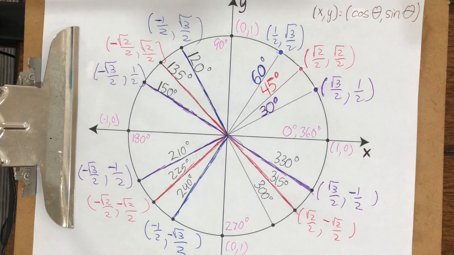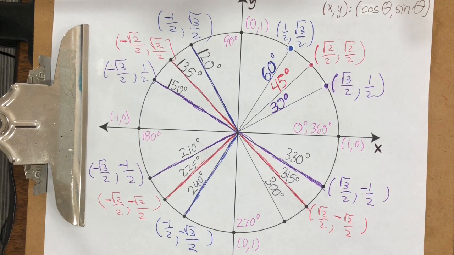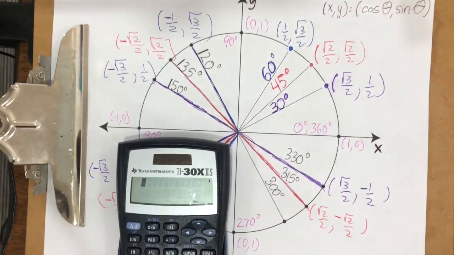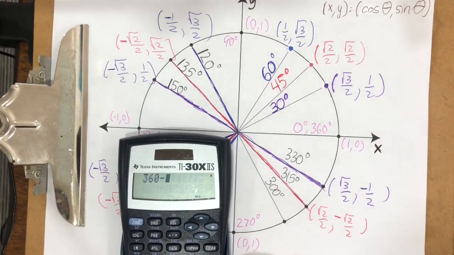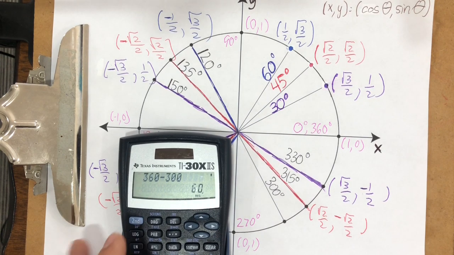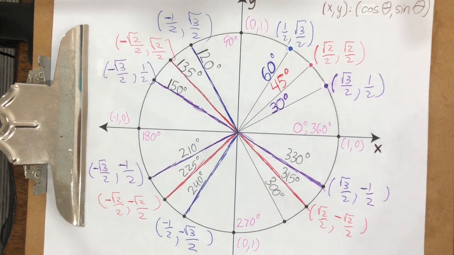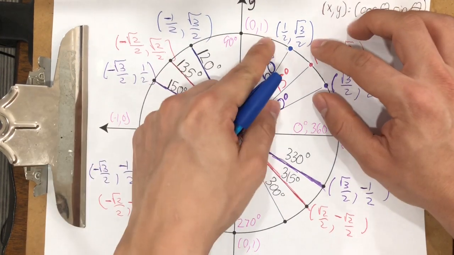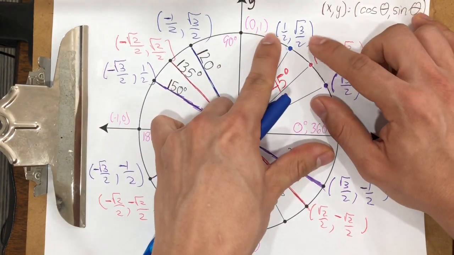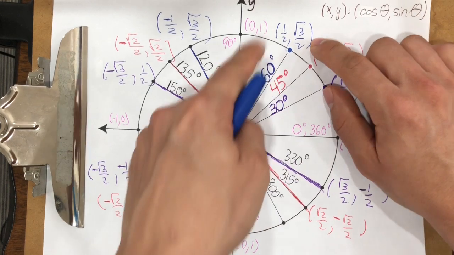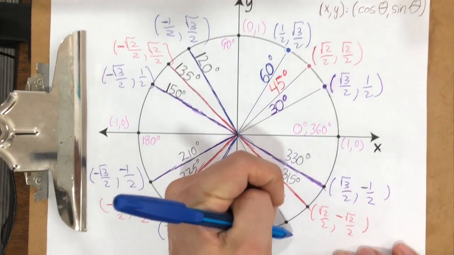All right, so now we're going to do the same thing with 300 degrees. So if I were to take 360 and subtract it to 300, I get 60 degrees. So my reference angle for 300 is 60 degrees. So I'm going to right click my mouse, copy the x and y coordinates over here, and paste it over here.